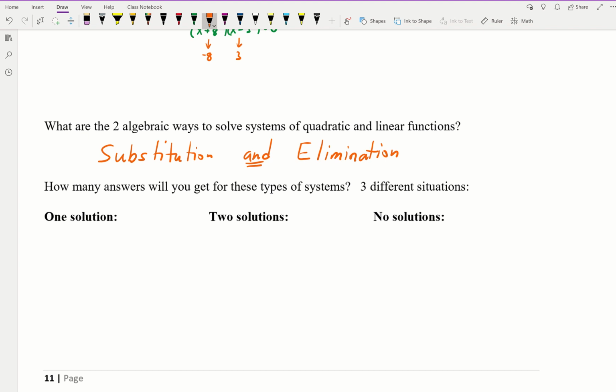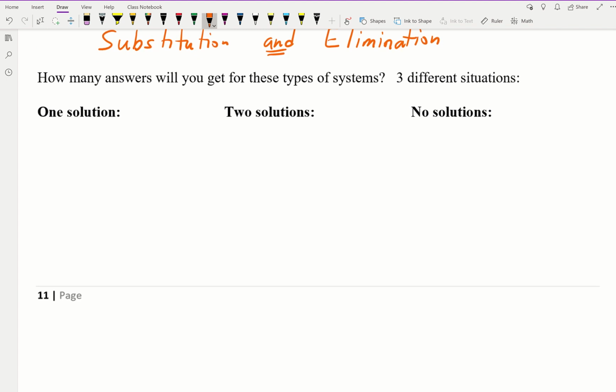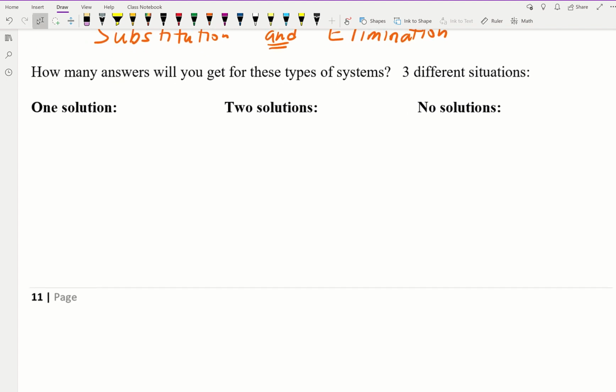Okay. All right. Now, when we deal with these types of problems, it says how many answers will you get for these types of systems? Well, there's 3 different cases. Because we have a quadratic and a linear function, one of our graphs is always going to be a parabola, and then the other is going to be a line. Well, there will be one solution if the line just touches the parabola at a single point.